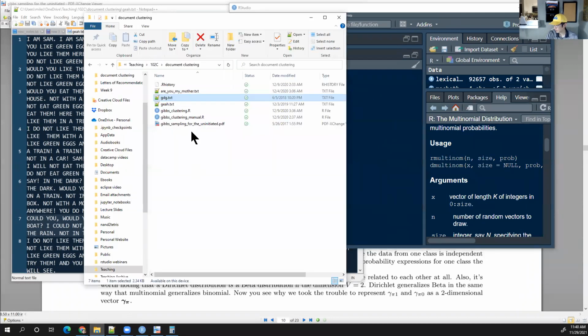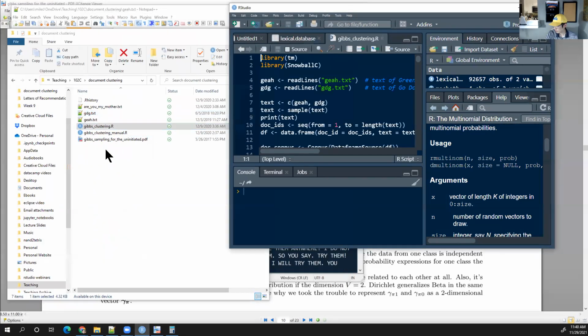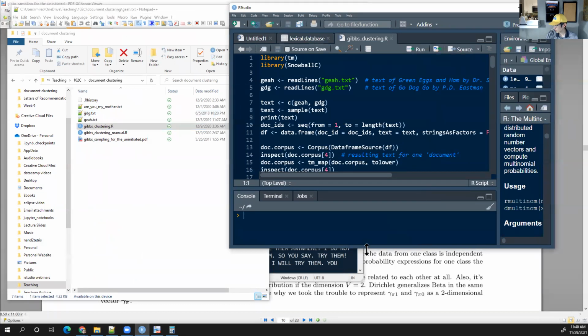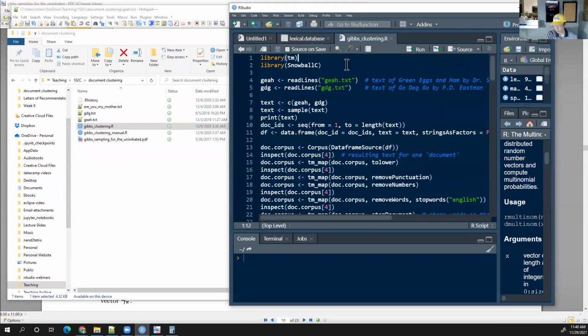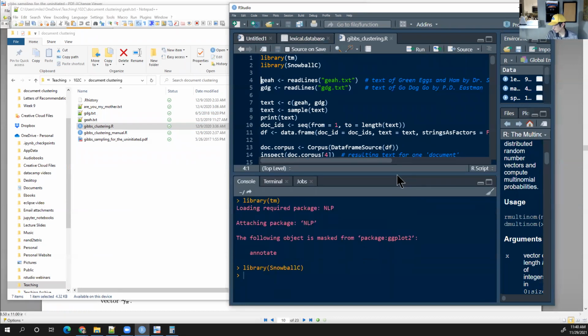So in the homework, I'll get you started with some of these lines. There's a few text packages that we're going to load up: TM for text mining and Snowball for handling these words.